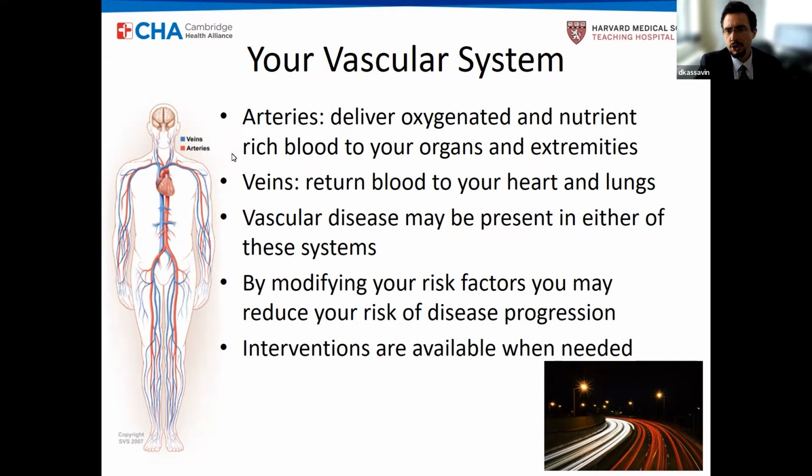This blood is oxygenated and rich in nutrients, and it's bringing that blood flow to your extremities and to your organs, such as your liver, your bowel, your heart, your brain. The veins do the opposite. You can see them in blue, and they take blood away from your legs or your arms and return it back to the heart, where the heart can then send it to the lungs, and that oxygen can be brought back in and the carbon dioxide pumped out.